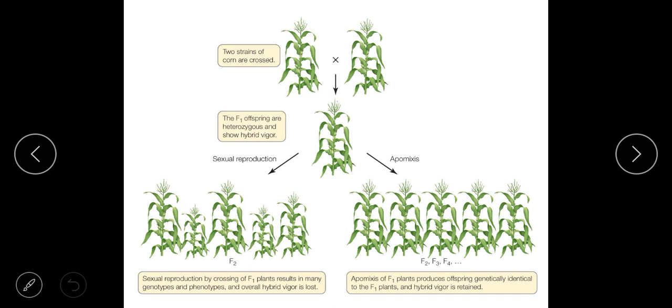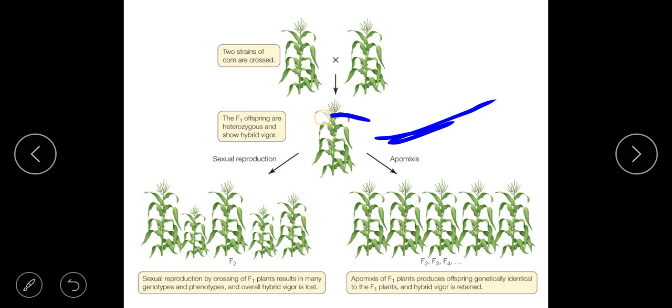Here the figure shows a Mendel-type genetic experiment. You can see the hybrid formed in the F1 generation. What happens with the good characters, or hybrid vigor? Heterosis means good characters and more production.